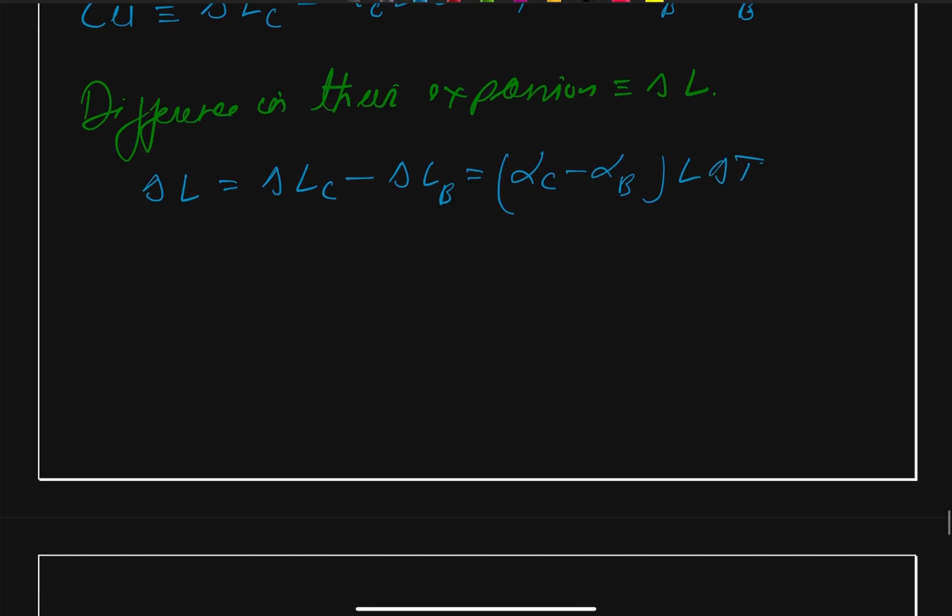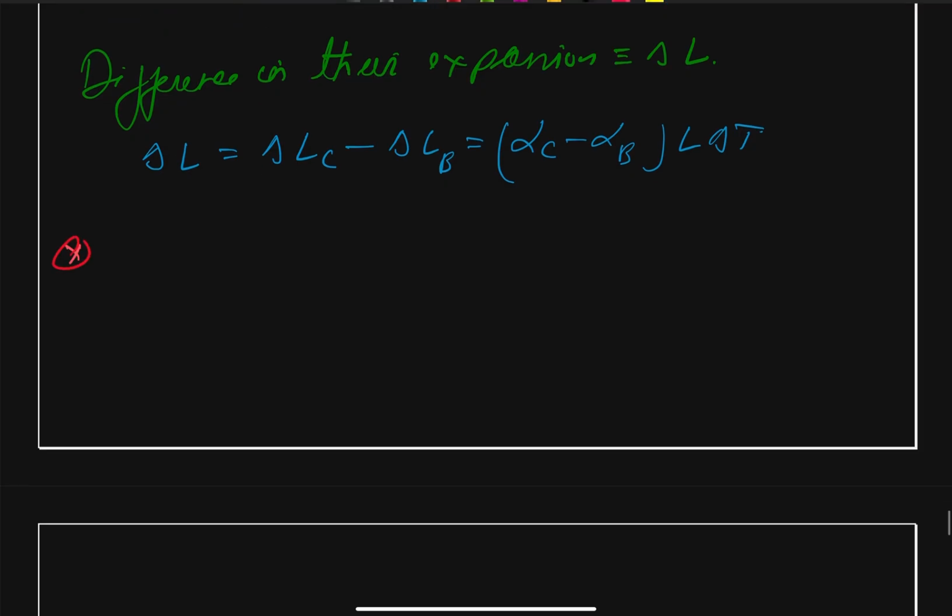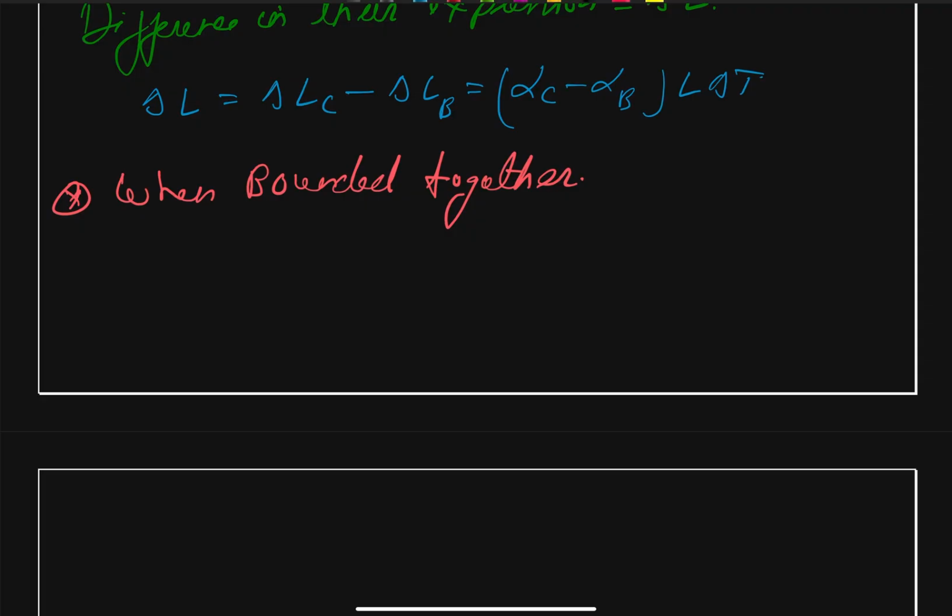Now when they are bound together, obviously they are going to form an arc, and it is given that the radius of curvature is R. So we are given that the radius of curvature is our R, and the distance between the two metal strips is, let us suppose, d.